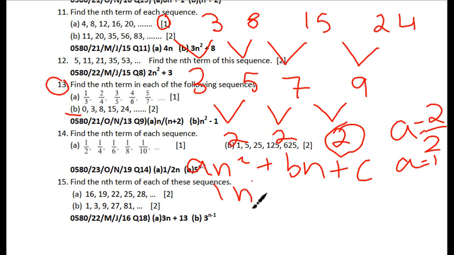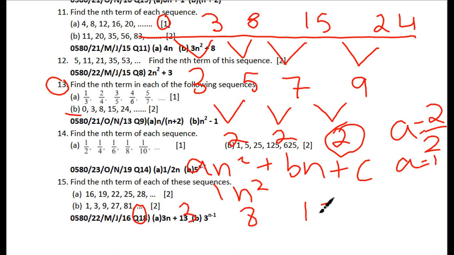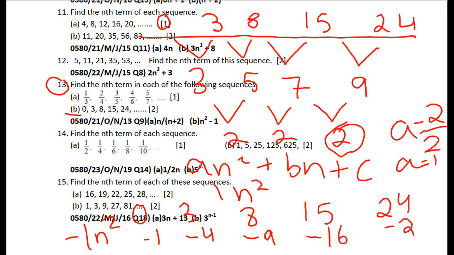Next we write the original sequence 0, 3, 8, 15, 24. We subtract 1n square from it. Minus 1 into 1 square is minus 1, then minus 1 into 2 square is minus 4, then minus 9, then minus 16, and minus 25.